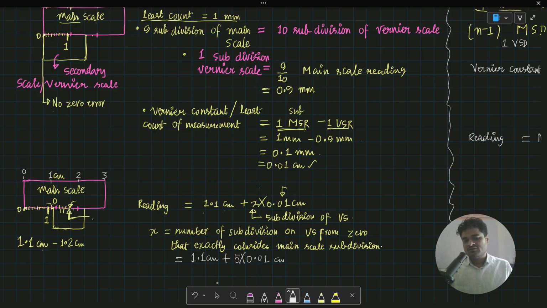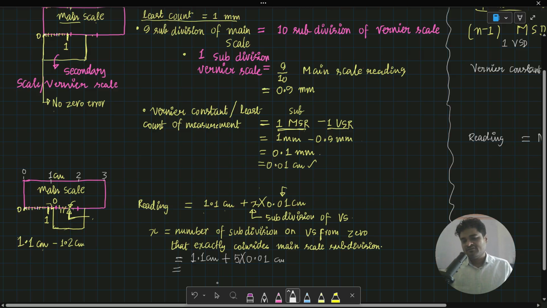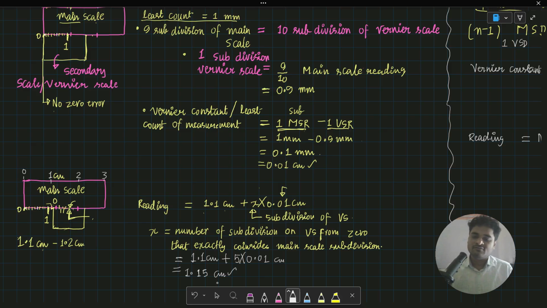So from this we'll get 1.15 centimeter. So whatever we are measuring, the dimension of that quantity is 1.15 centimeter. Hopefully this is clear. If you have any doubt in this explanation, please ask.